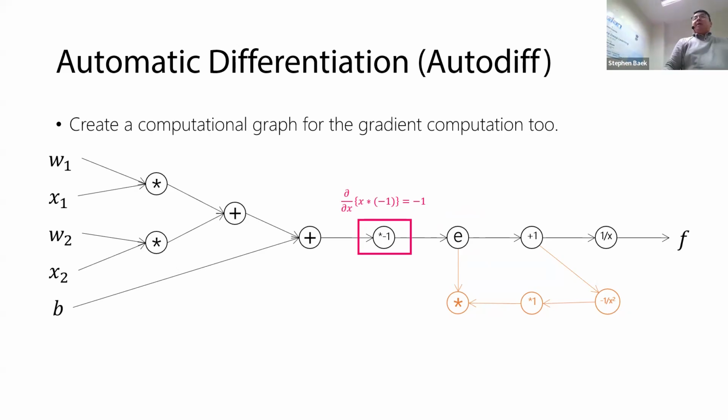Now we go back one step again, and we have the negation node, which is the same as multiplying by negative 1.